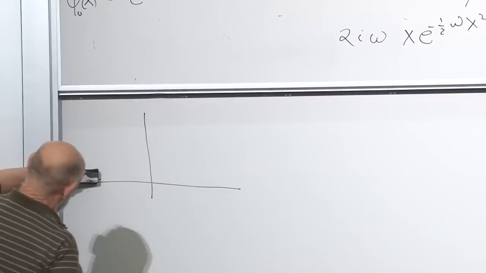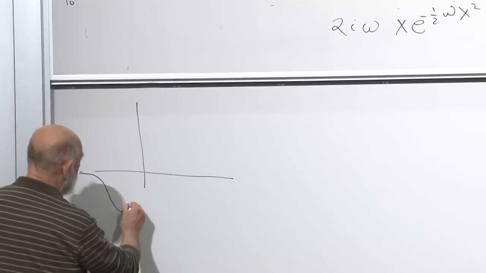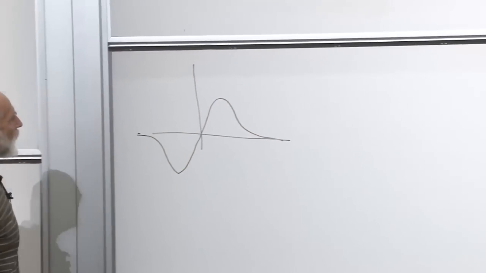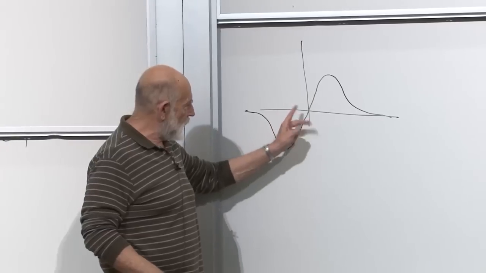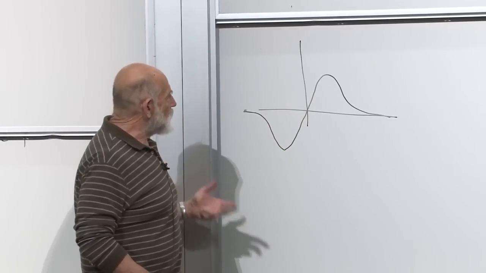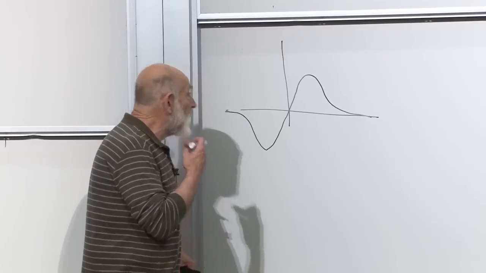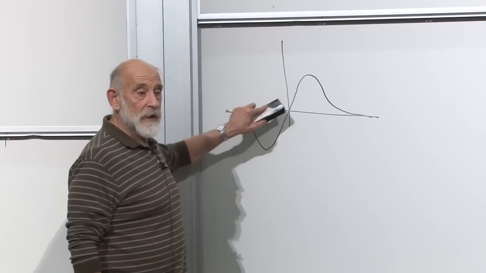Right. So let's make it negative on this side. Goes down, and then comes up to 0, and then goes to 0 again. It's odd, meaning to say that when you reflect it, it changes sign. It's anti-symmetric. The probability, which is the square of this, is symmetric.